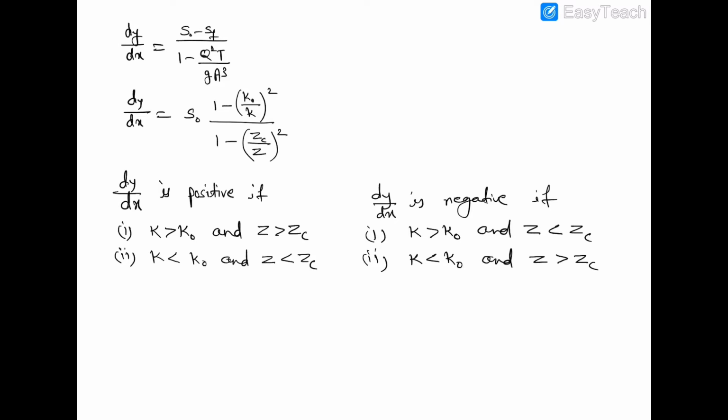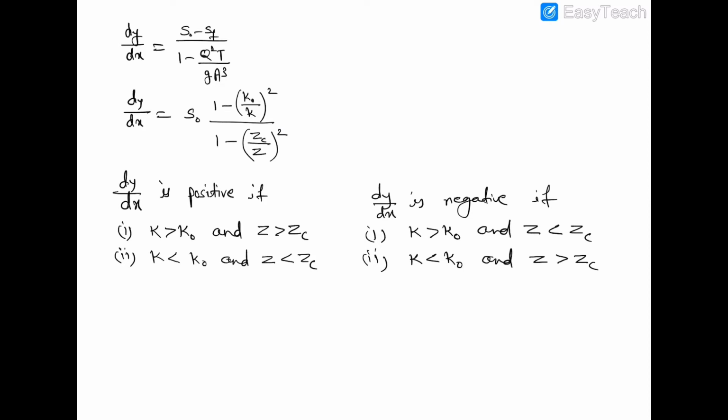Now firstly consider the case when dy upon dx is positive. If numerator is positive and denominator is positive, then dy upon dx is positive. Numerator is positive when k is greater than k naught. If k is greater than k naught, it means this value will be less than 1 and the square of this value will be less than 1, and the numerator will be positive in this case.